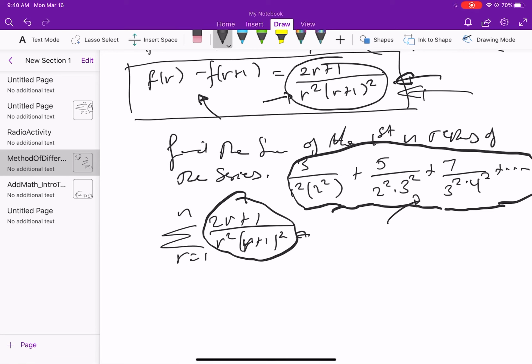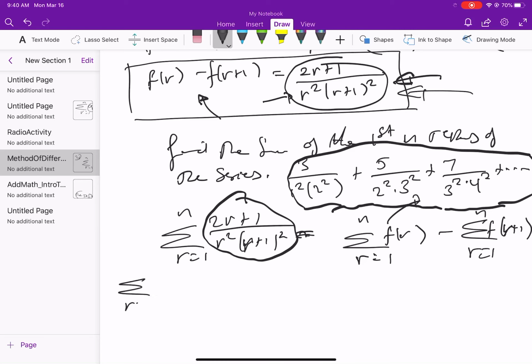So this gives me the sum from r equal 1 to n of f of r minus the sum from r equal 1 to n of f of r plus 1. Obviously you're using your laws of summation there.